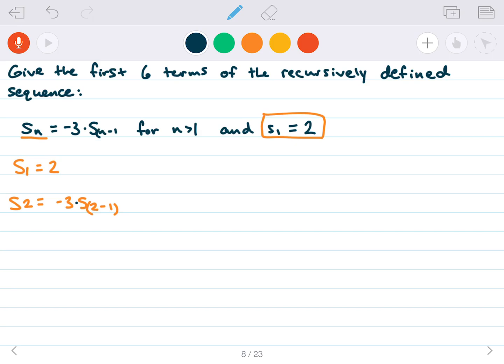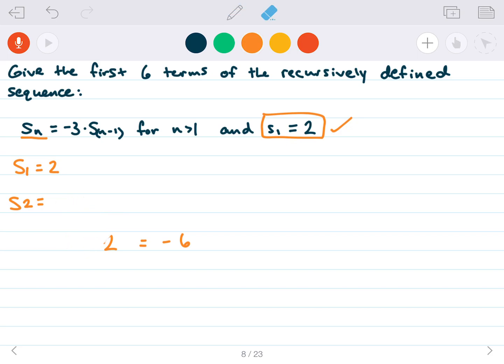Maybe that's a little bit more clear. Okay. So this becomes negative 3 times S, and in the subscript now we have 1, but S sub 1 is 2, so we can replace this with 2. Negative 3 times 2 is going to be negative 6. So S sub 2 is negative 6.